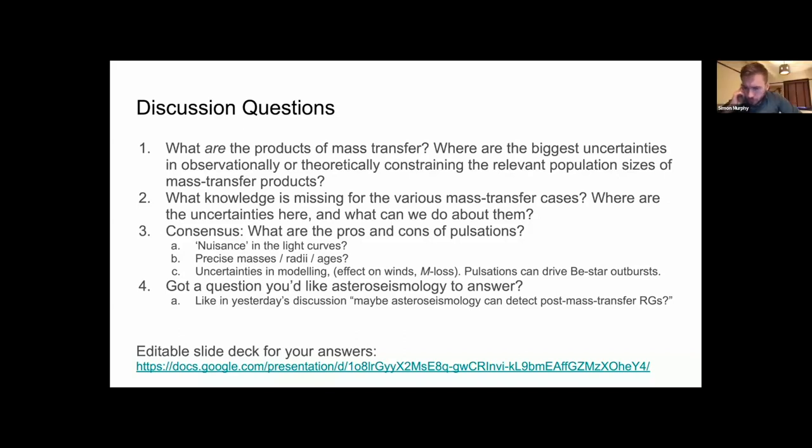If I can jump in, in an attempt to wrap up, there's a lot of promise in using astroseismology to constrain models. You get really good stellar densities, for cosmology in particular. But when you introduce binarity and mass transfer, you're introducing so many free parameters. When did mass transfer begin?